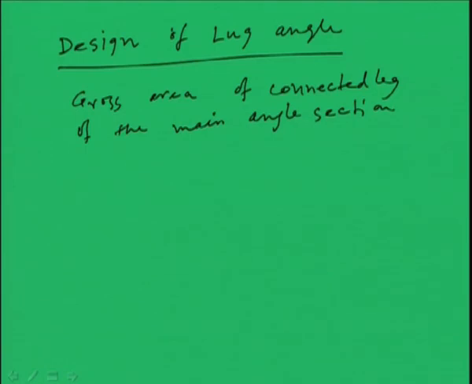that is 100 minus 10 by 2 into 10, that is 950 millimeter square. Why are we calculating? We have to see the sharing of load between the two legs. So the area of connected leg is 950.